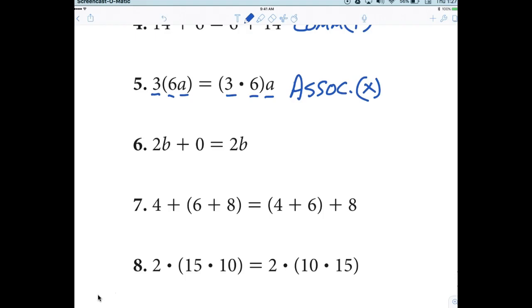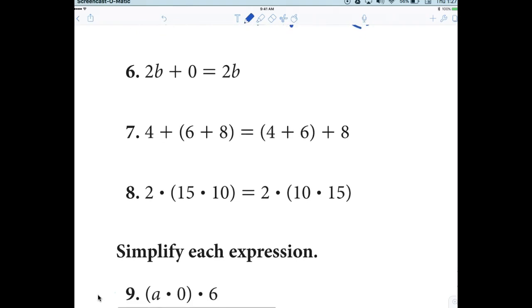All right, the next one. 2b plus 0 equals 2b. That's an identity because you're staying the same. What type of identity? That's right. But we don't say addition property or addition identity. We say the additive identity. That would be the additive identity.